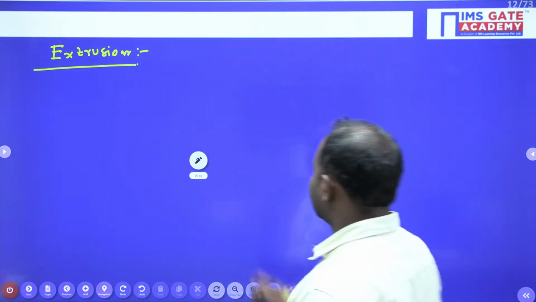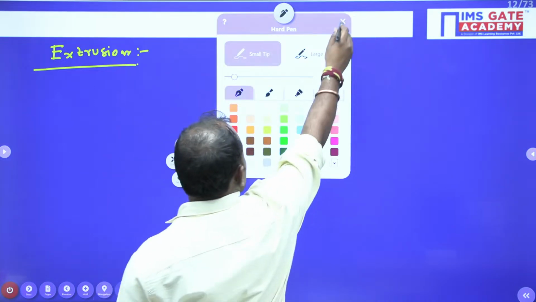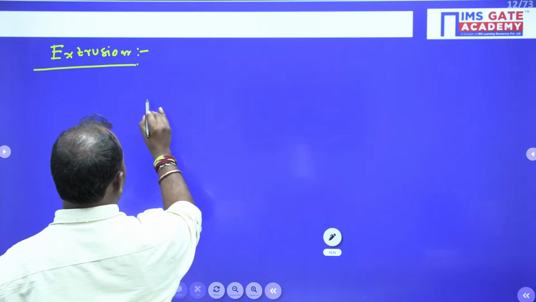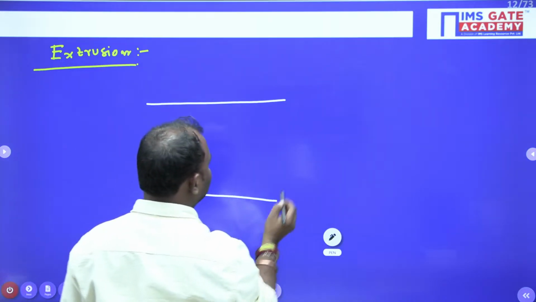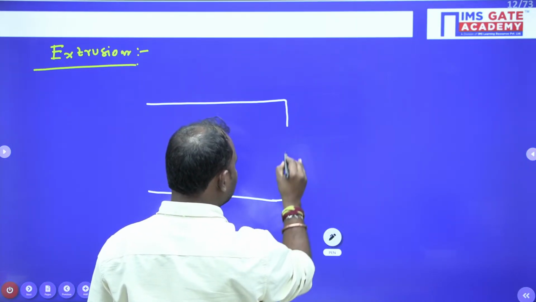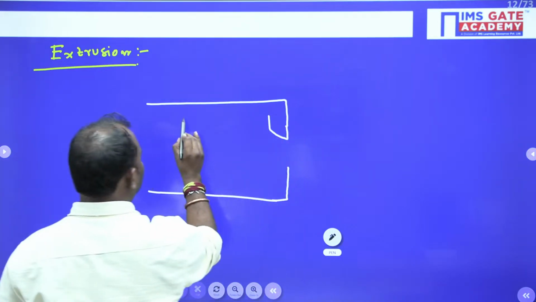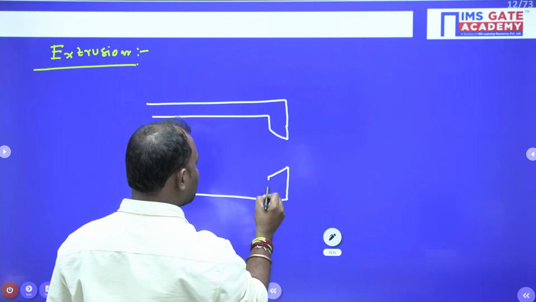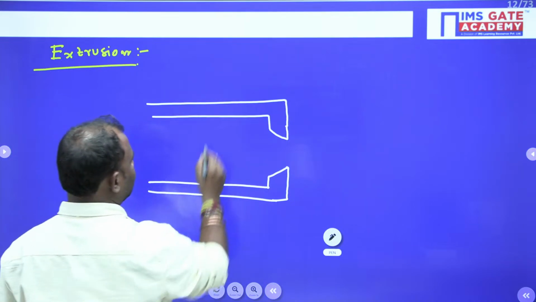Now let me explain with the help of a diagram what the extrusion process is.